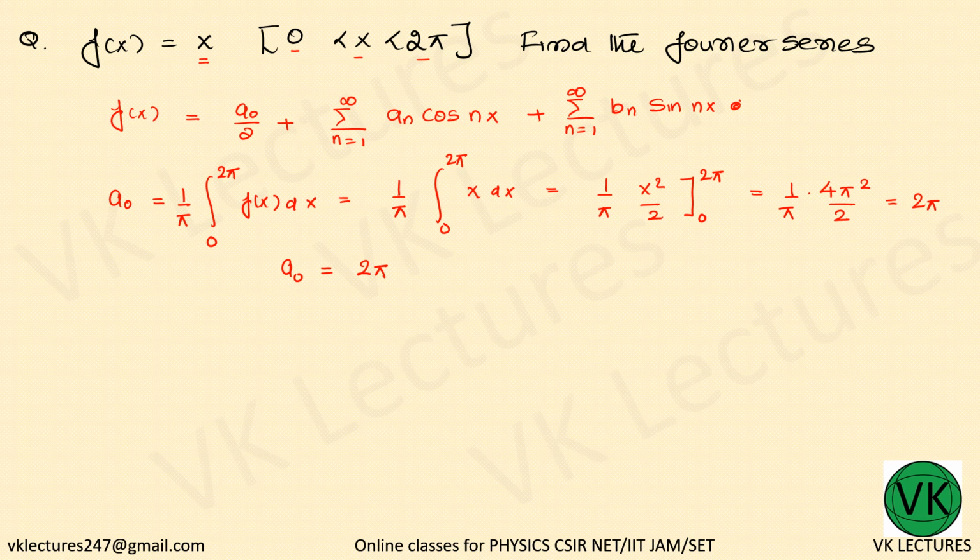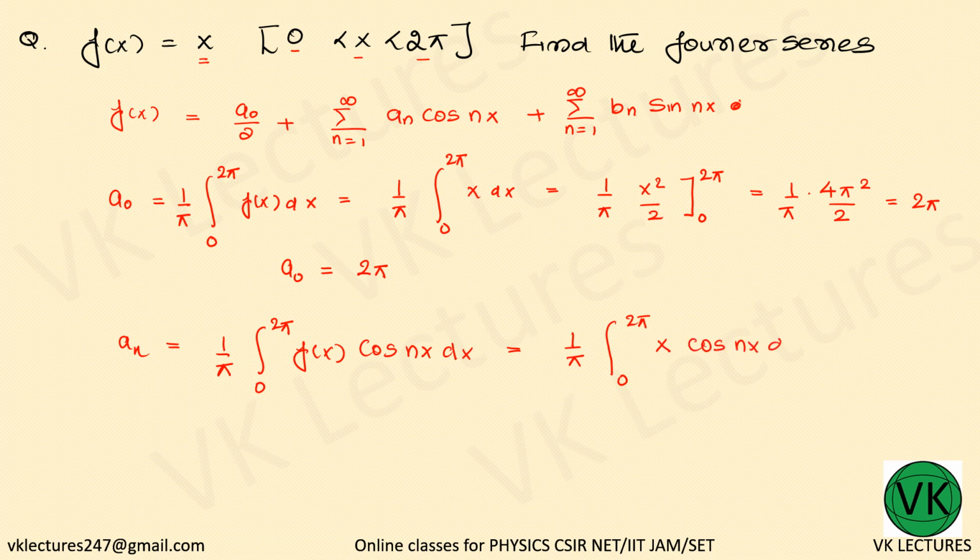Now we need a n, that's equal to 1 by pi integral from 0 to 2 pi of f of x into cos nx dx, that's equal to 1 by pi integral from 0 to 2 pi of x cos nx dx.